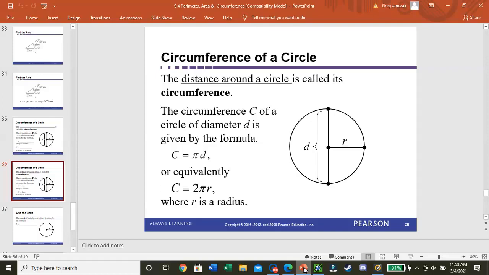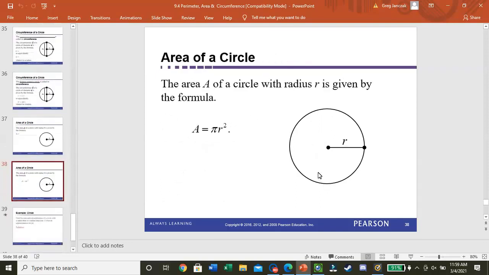Okay, so if we took this radius here, this is 5, this is 5, this is 5, 5. No matter where you're at on this circle, the radius is going to be 5. So the diameter goes from one end of the circle to the other. So it's just 2 times the radius.